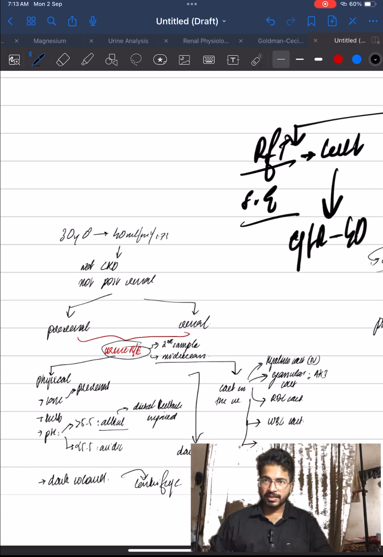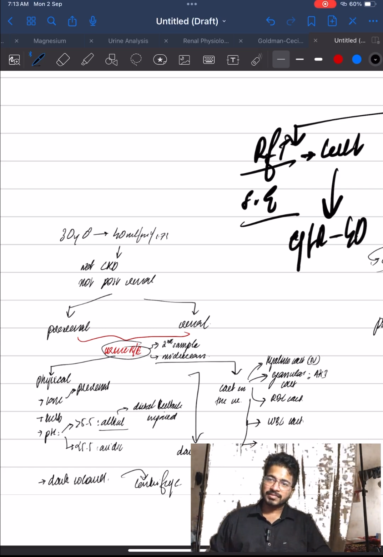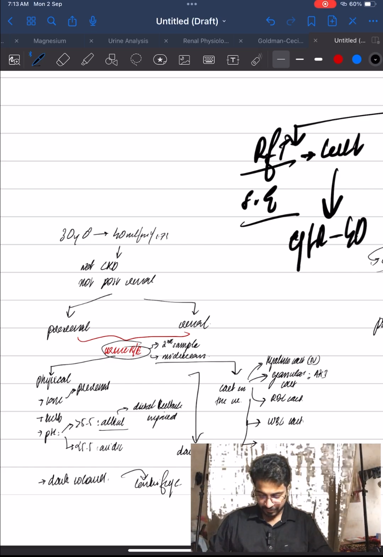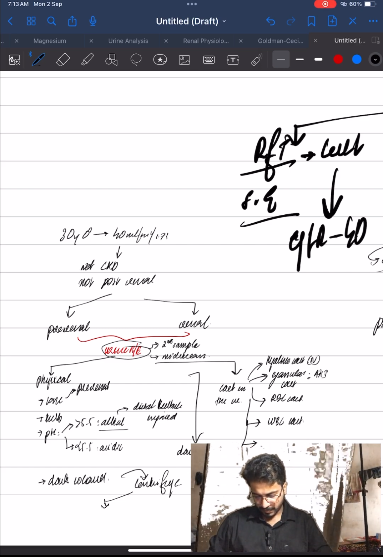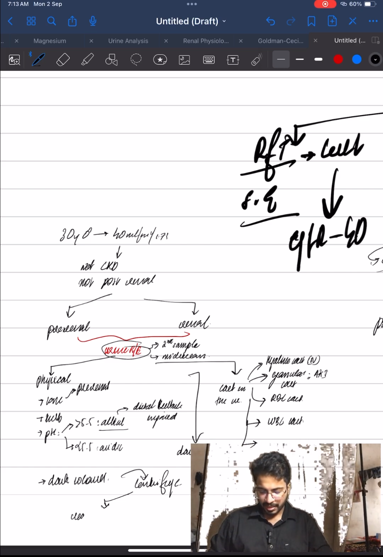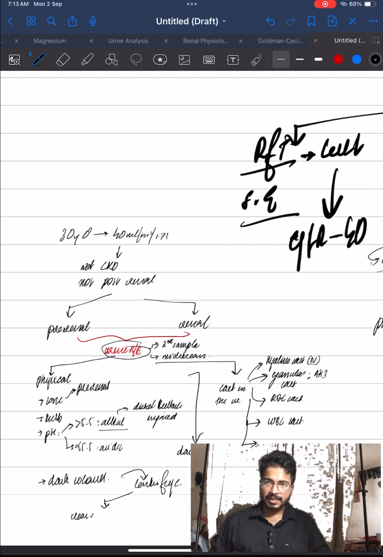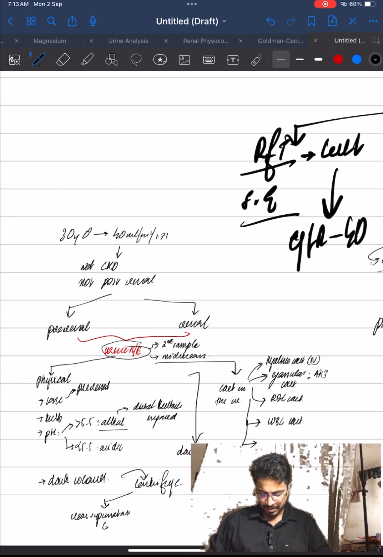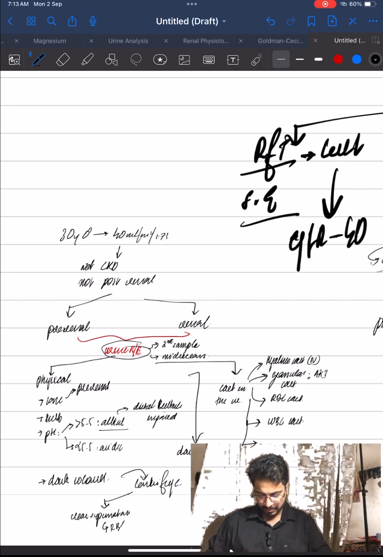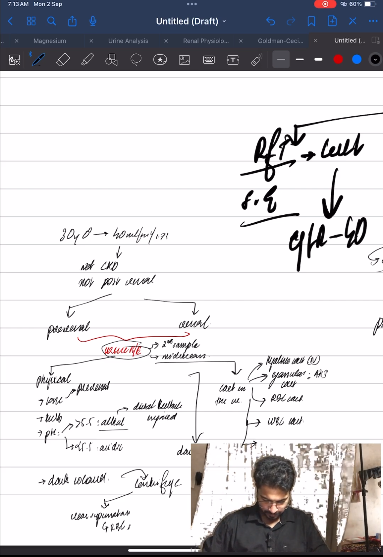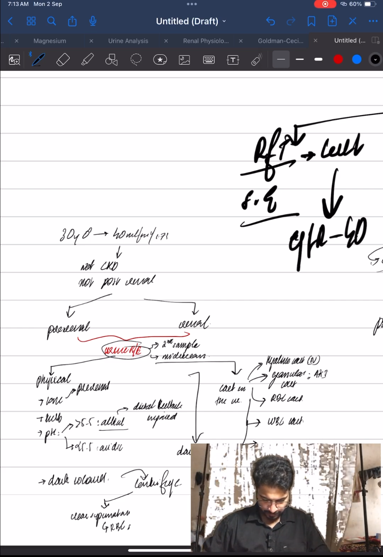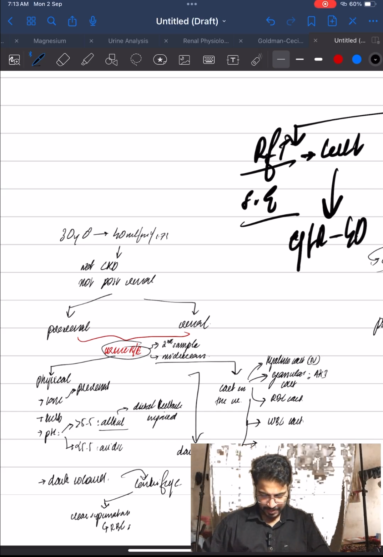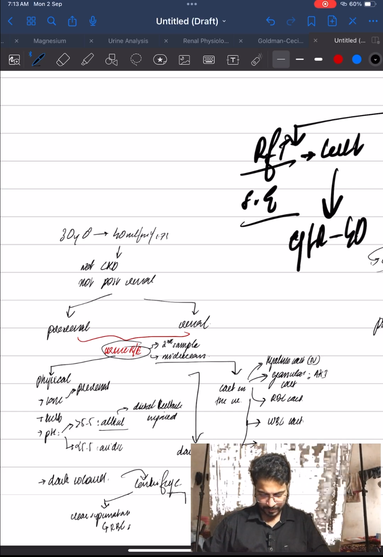If it is frank blood, it's understandable. Even if it's frank blood, first you have to centrifuge. If you are able to obtain a clear supernatant, it is RBCs that are present in the urine.